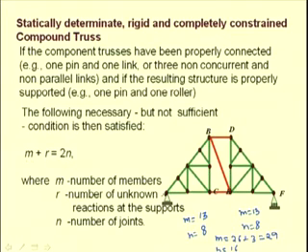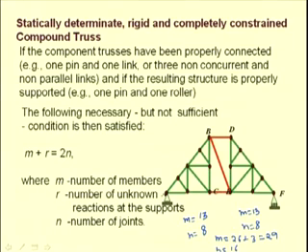So, in this equation, the number of members is 29 plus the external reactions: here we have a pin connection, so 2 unknowns, and here we have a roller connection, so 1 unknown, so r is 3. So, m plus r is 29 plus 3, which is 32, which is equal to 2 times n, where n is the number of joints, which is 16, and it is equal to 32. So, we see that this equation is satisfied for this compound truss.